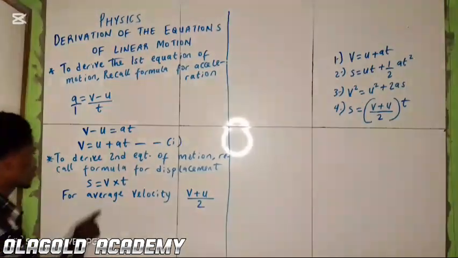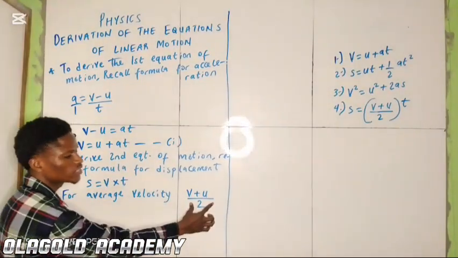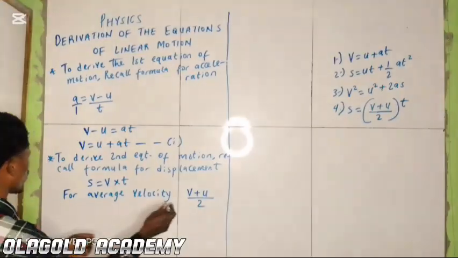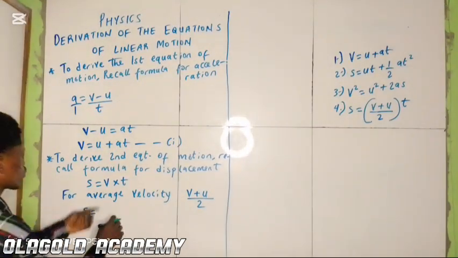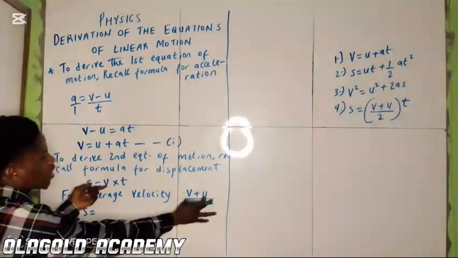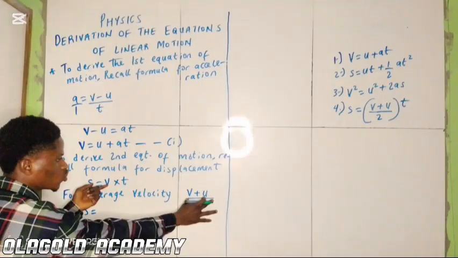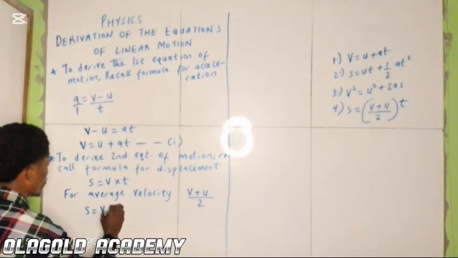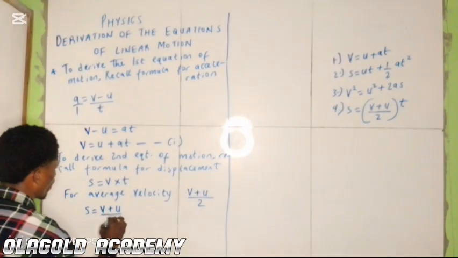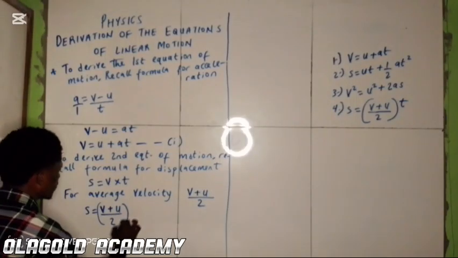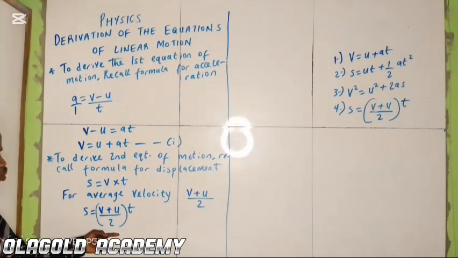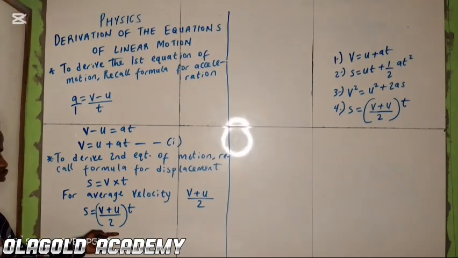We are going to replace this velocity here with average velocity. So we're going to have S equals, our V becomes what there? Average velocity, which is V plus U over 2. So we have V plus U over 2 multiplied by T. So we have this one here.